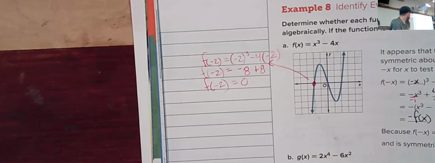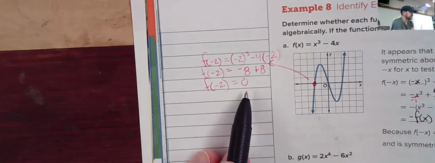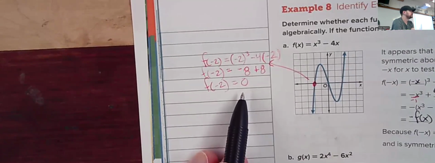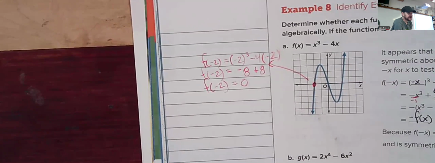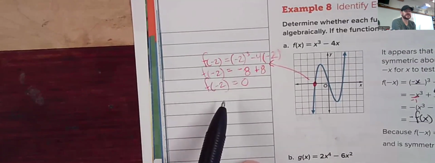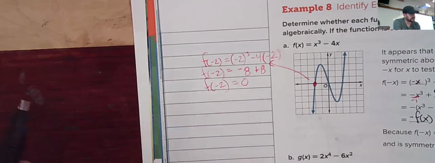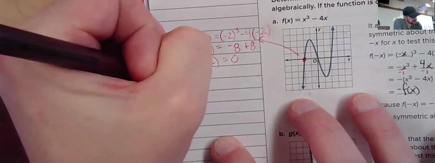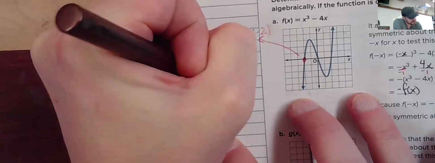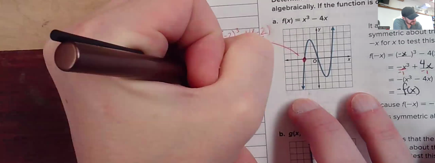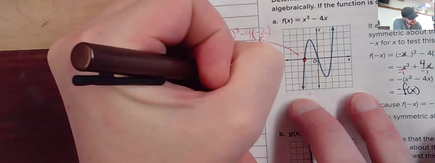Now, this isn't the best example because our value for y is 0. What's the opposite of 0? 0. It's itself. So if we were to use the opposite value of x that we just used, which would be positive 2, we should get the opposite value of y, which would still be 0. But let's see what happens. So f of 2 is equal to 2 cubed minus 4 times 2.